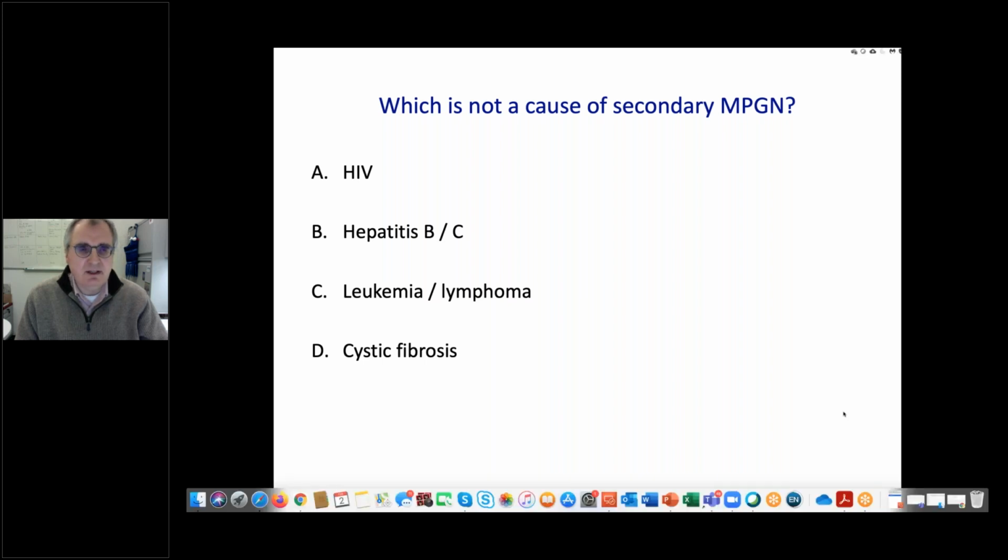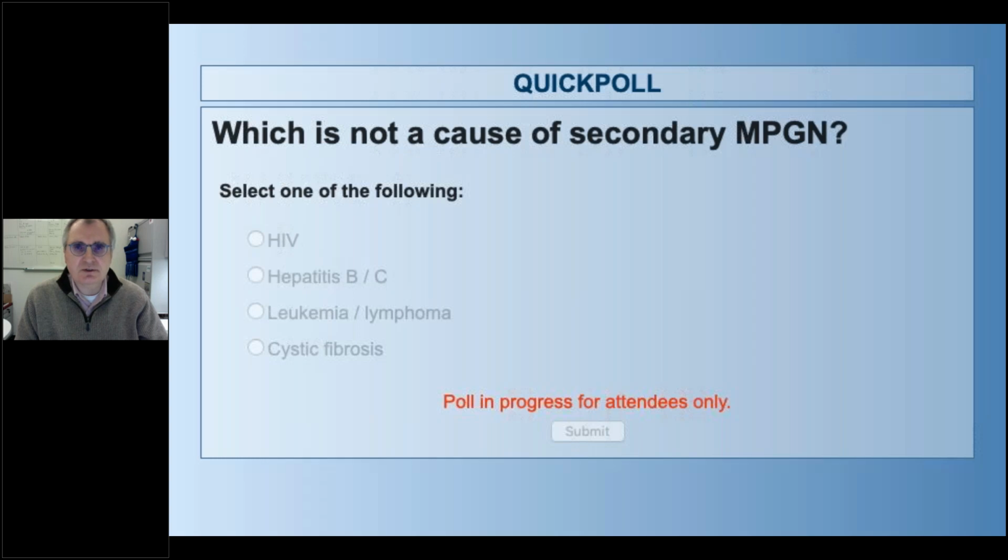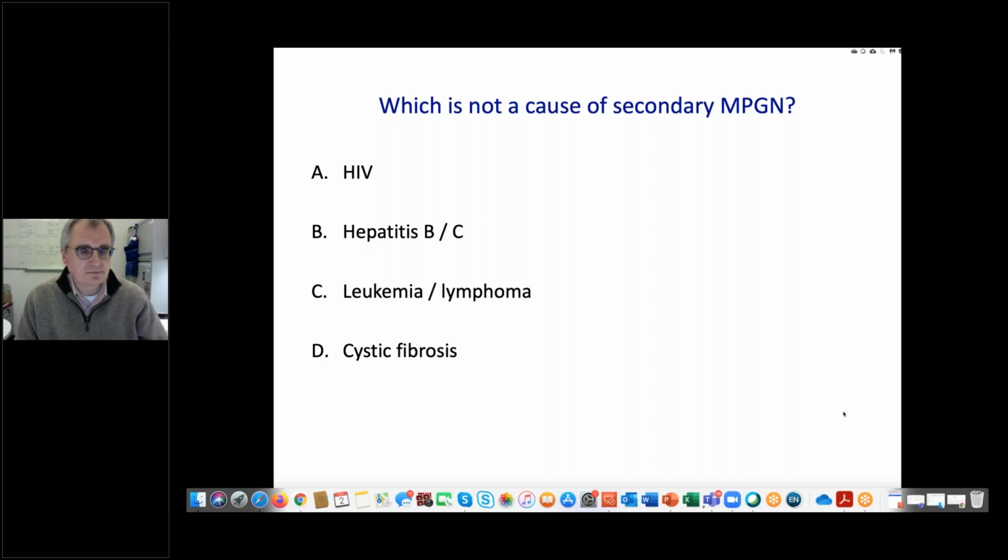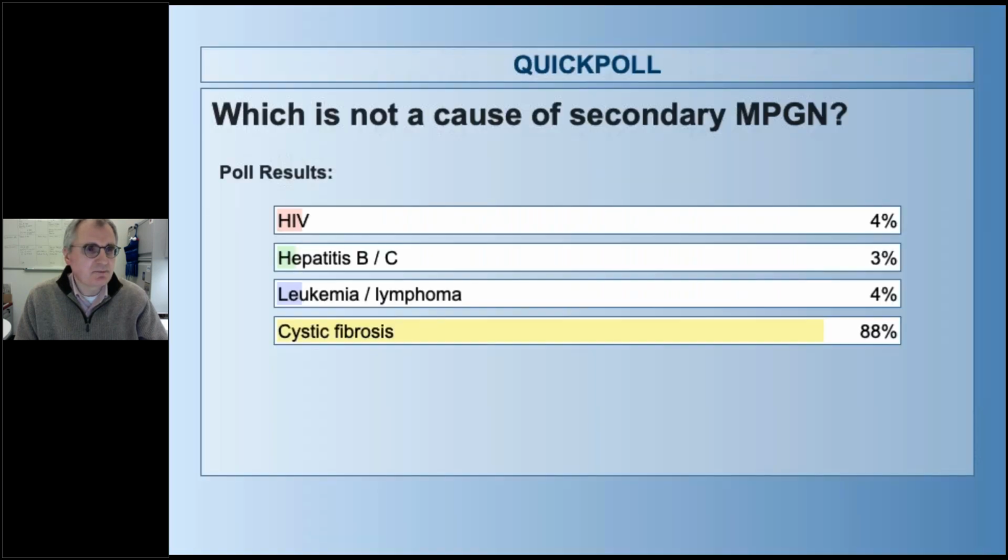Which of the following is not a cause for secondary MPGN? Perfect. Almost 90% said cystic fibrosis, which is the correct answer.